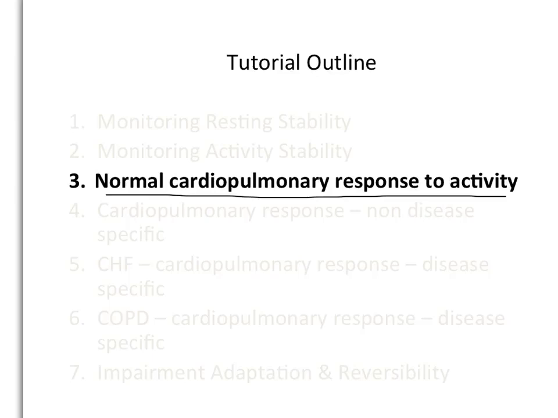So the variables you have access to are heart rate, blood pressure, and at this point it will be important to separate out systolic blood pressure, diastolic blood pressure, respiratory rate. Those are all quantifiable variables.